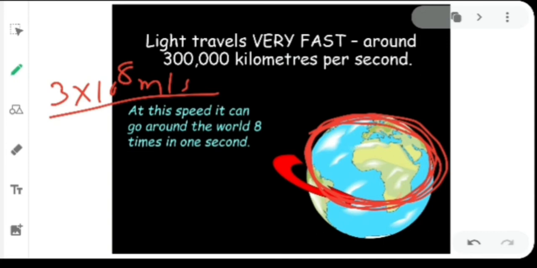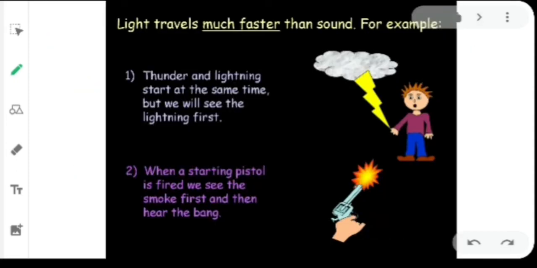Now let us talk about a few things: how this light travels, what speed it takes, and what are some interesting facts about light. For example, light travels much faster than sound itself. You may have heard thunder and seen lightning when it rains heavily.